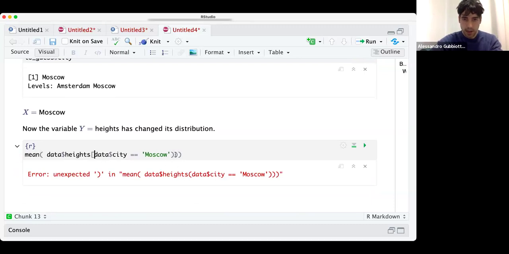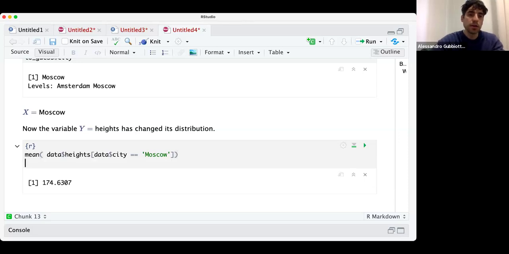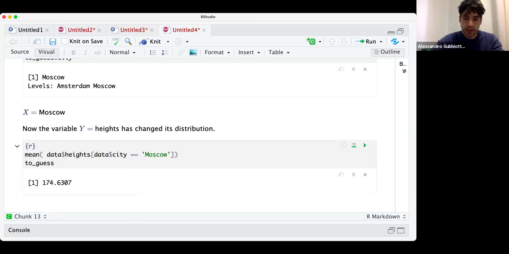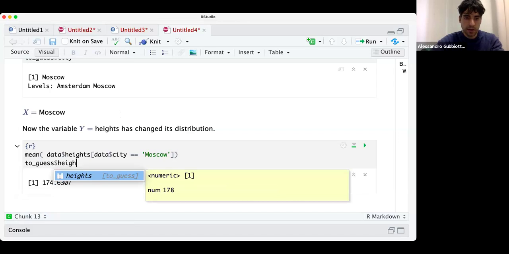Okay, it is a square bracket that I have to put here. Expected. Okay. So this is a better guess. And indeed, let's try to see this guess, to see if it is true or if it is better.